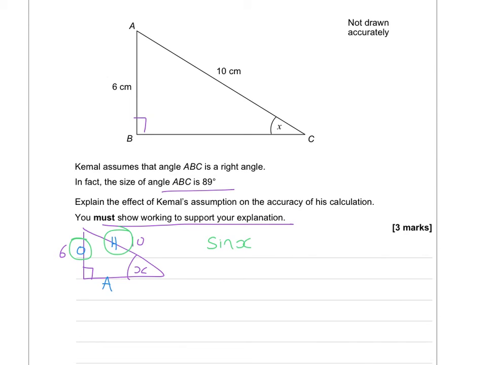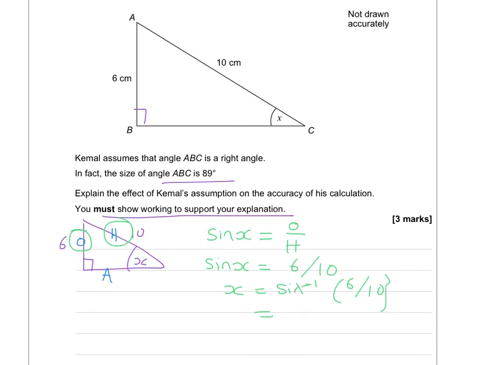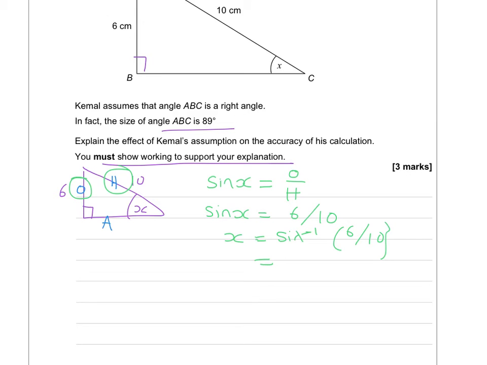Sine of x is equal to the opposite divided by the hypotenuse, so sine x is equal to 6 divided by 10, and x is equal to inverse sine of 6/10. And this would give us an answer of 36.8698, which is the inaccurate answer.